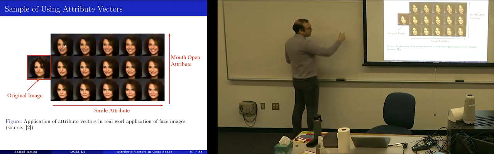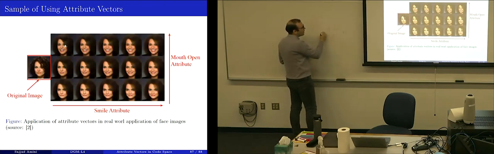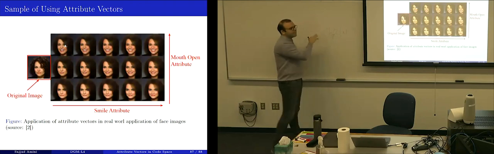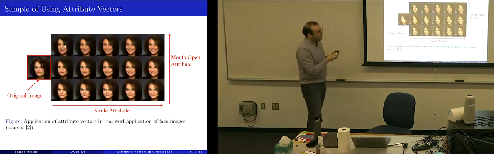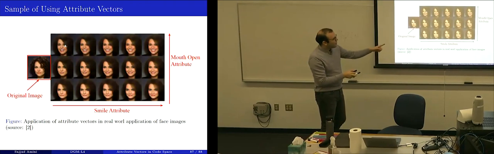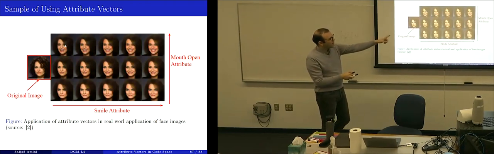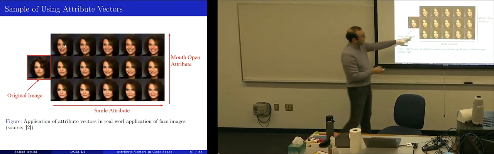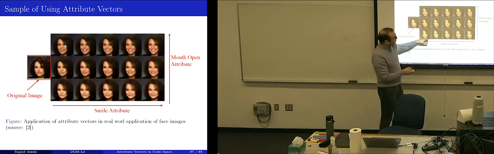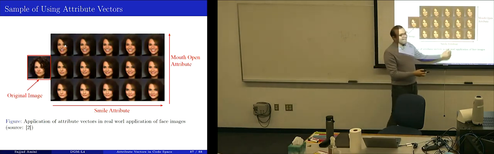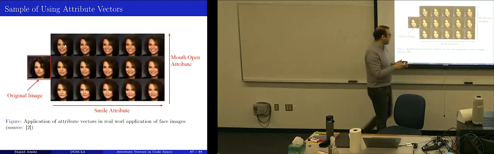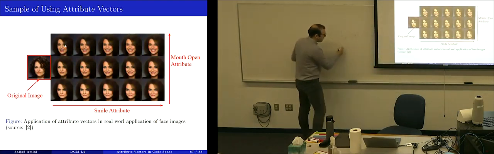The x is this image, and I have a distribution over z. I sample from that distribution, and I have z of this image. So I start to add these two vectors, the smile vector and the mouth open vector. You see that by adding the smile vector to the image's z and then decoding the resulting z, for each of these images, what happened?